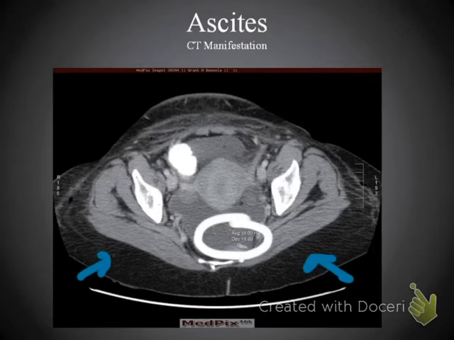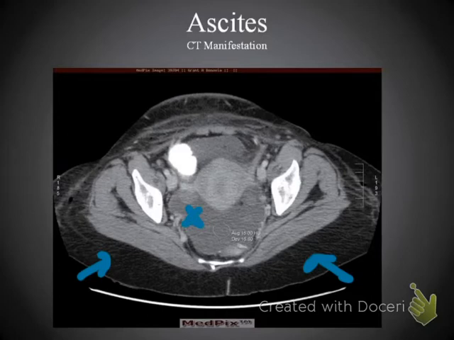But we do pretty much understand that this is water here, and it matches some of the other structures in the abdomen, like we have this coming in, which is probably bladder.